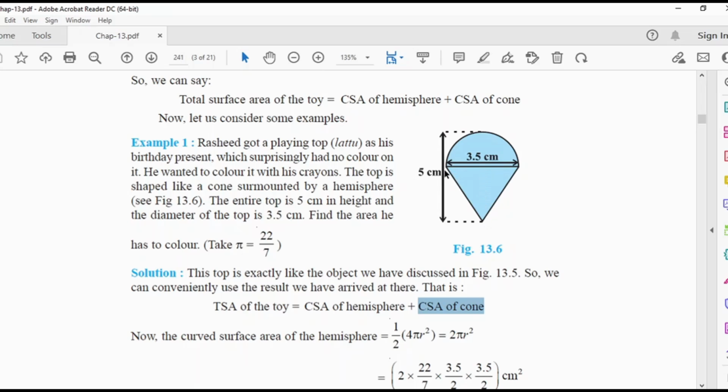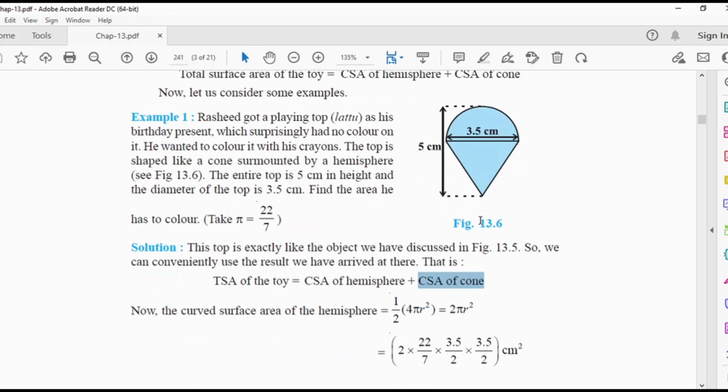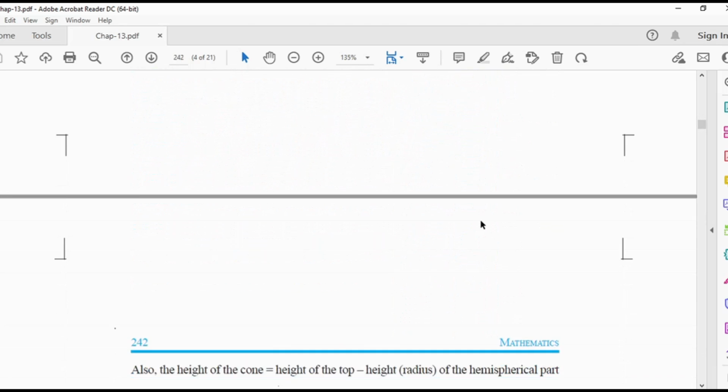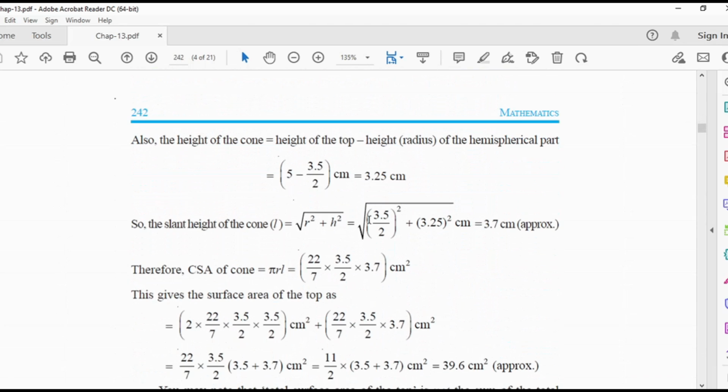As you've seen in the 9th standard, you can form a right triangle with the base radius, height and slant height of the cone as the sides, where slant height is the hypotenuse. Using the Pythagoras theorem, you can find the slant height l, that is square root of r square plus h square. So you will get the final answer 3.5 centimeter.